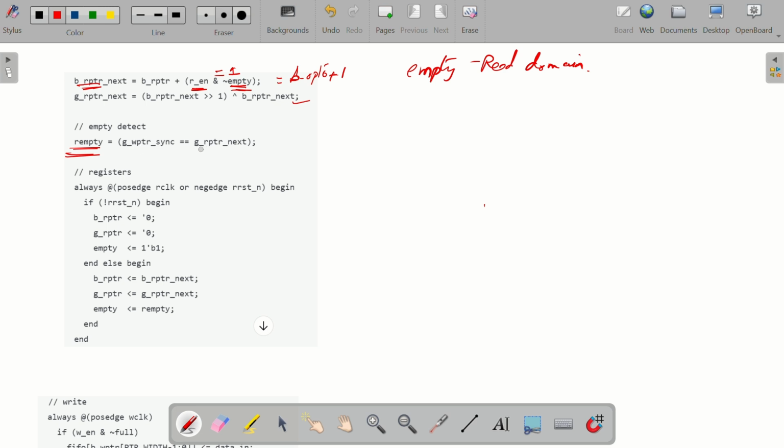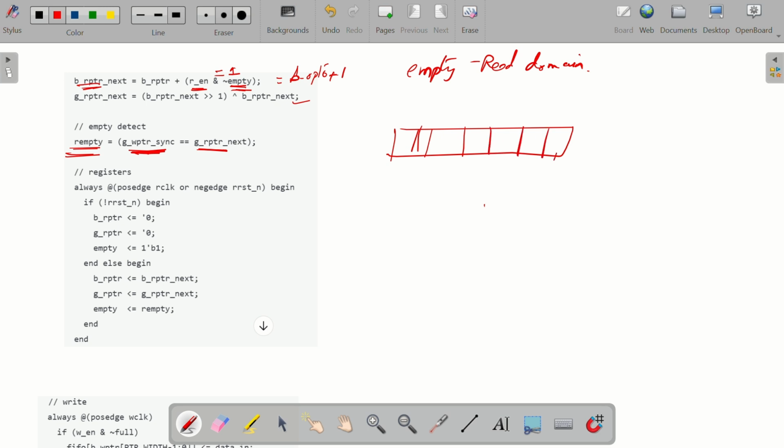You simply check your read pointer is equal to your write pointer synchronized. Read pointer is available in the read domain without any problems. Your write pointers have to be synchronized from your write domain to the read domain. Then both the pointers are checked for equality. If both the pointers are same, this means your FIFO is empty. So we can take a look at this condition.